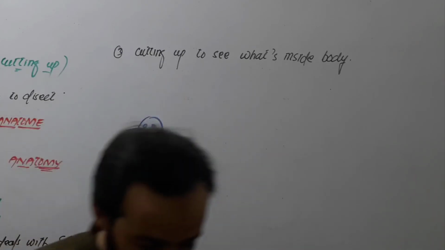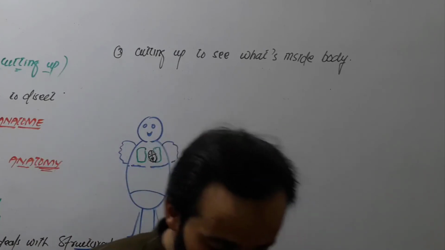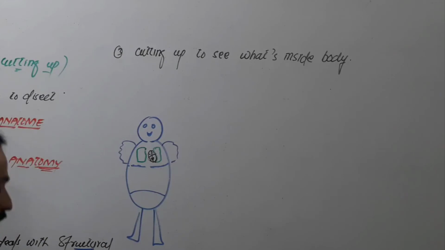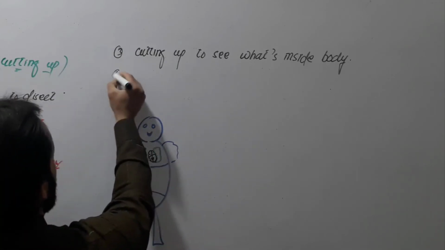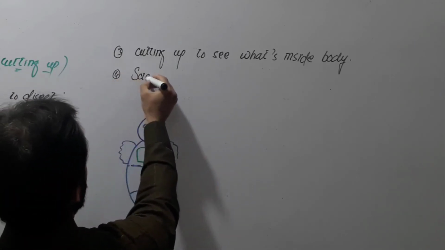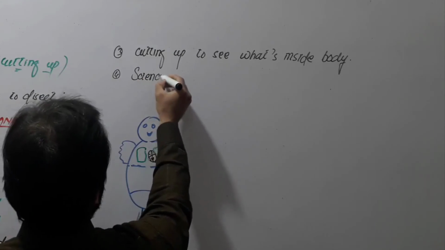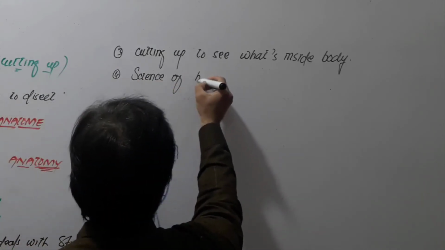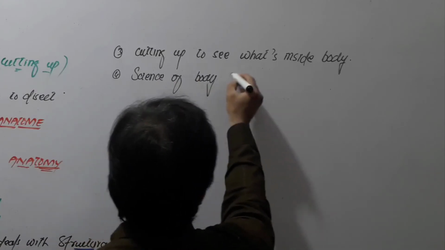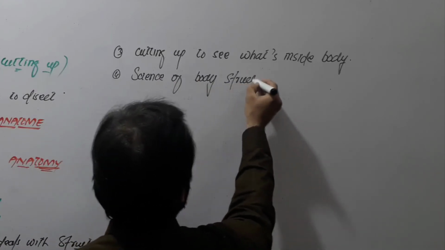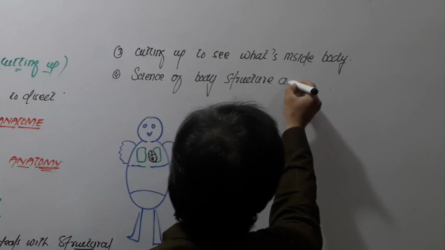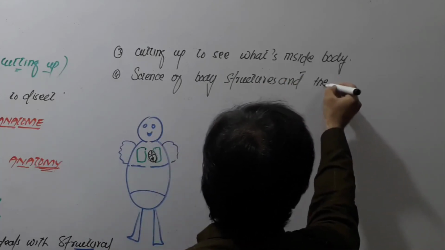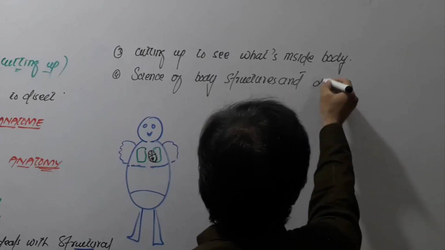And another thing about anatomy, that it is the scientific study of body structures and development. The next definition, the fourth one: the science of body structures and development.